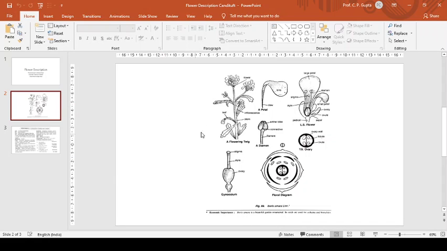So this is a representative plant of family Cruciferae or Brassicaceae. According to the ICBN nomenclature, it is Brassicaceae. I think it is all about the description of the flower. Thank you.